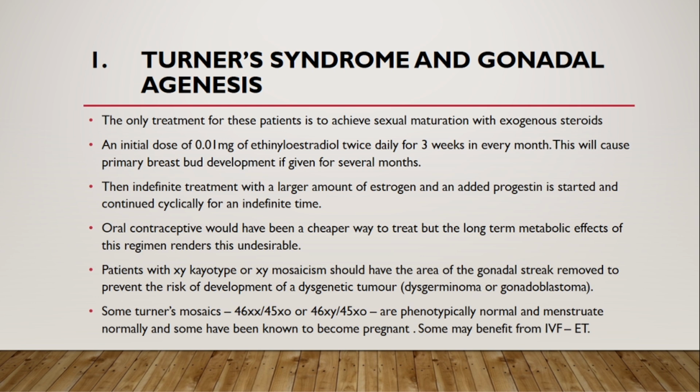But ideally, oral contraceptives would have been a cheaper way to treat these people. But the long-term metabolic effects of this regimen render this undesirable. Instead of using ethinyl estradiol for 3 weeks every month, if you give oral contraceptives that contain both estrogen and progesterone, this would have been ideal, but it has long-term metabolic effects on these patients.